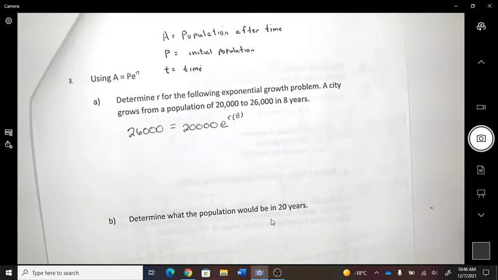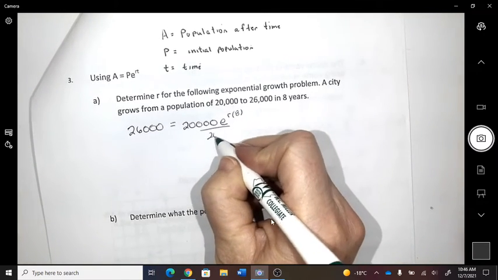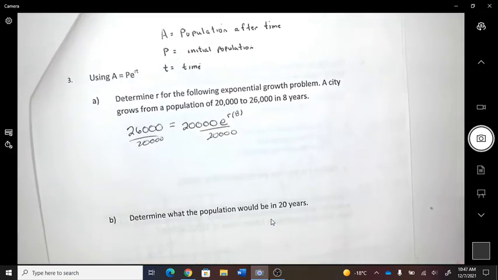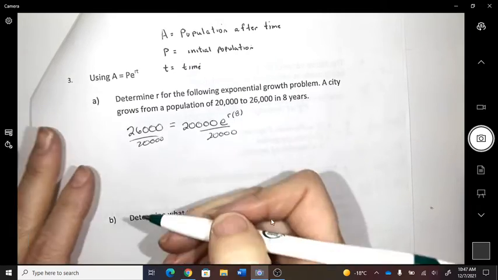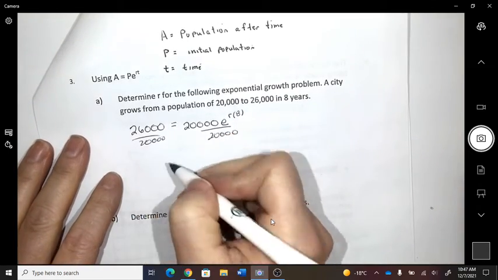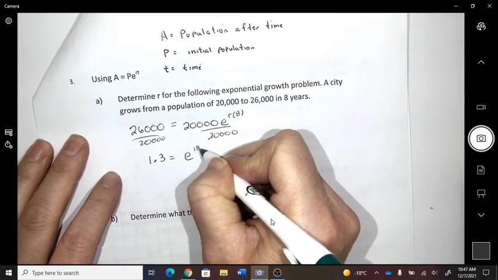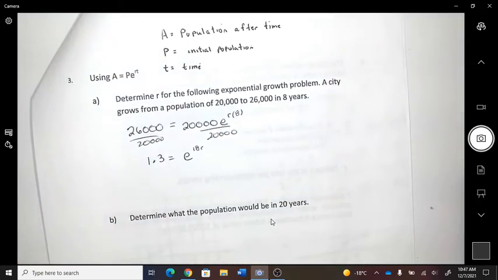Okay, I'm going to start by dividing the 20,000 out. Since that actually comes to a nice decimal, I can do that. Otherwise, you should just leave it in some kind of fraction. But it came to a terminating decimal, so that was good.